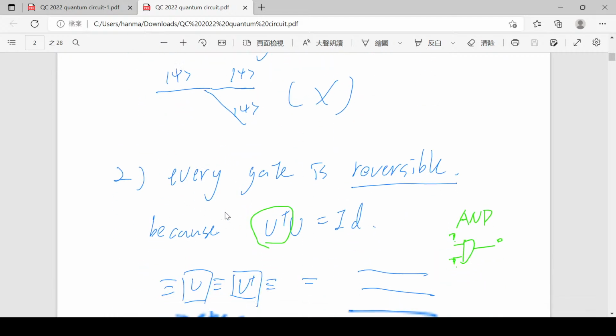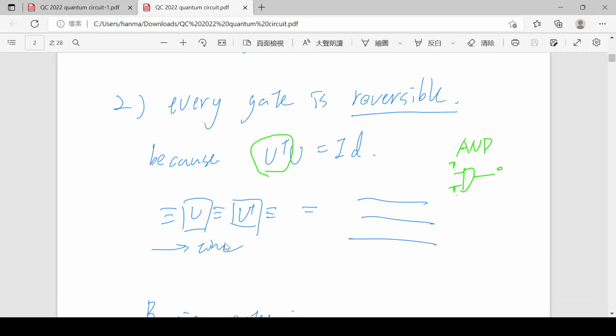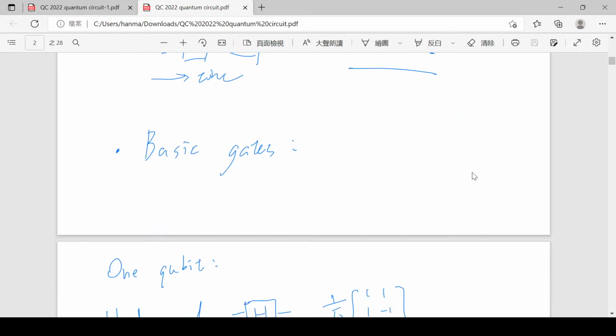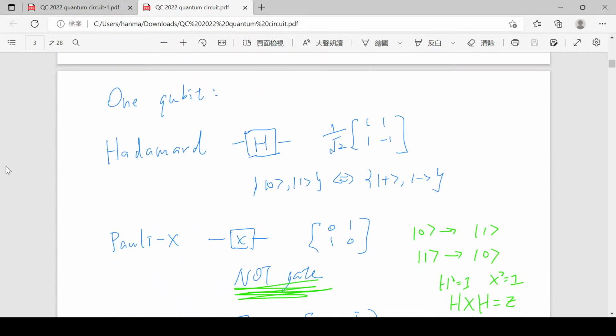And also every gate needs to be unitary, and that means they are reversible. So for every gate, there must exist another gate that totally reverses what this gate does. That's not true for classical: you can have an AND gate, and you lose some information, and that's not reversible.